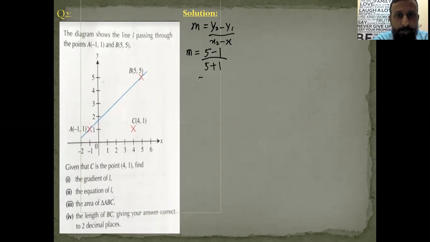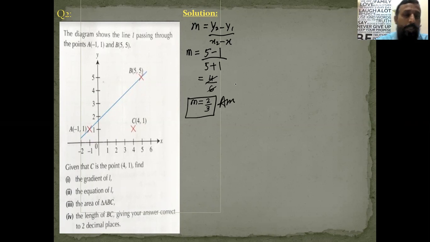So what do we have? We have 4 upon 6. We can simplify. They both come in the 2 times table. We have m equals to 2 2s are 4, 2 3s are 6, 2 upon 3. That's the first part answer.